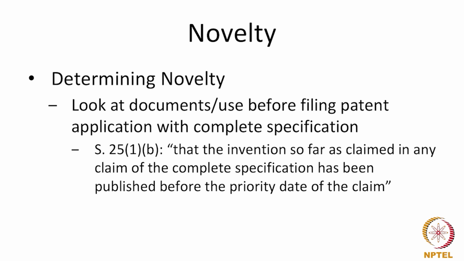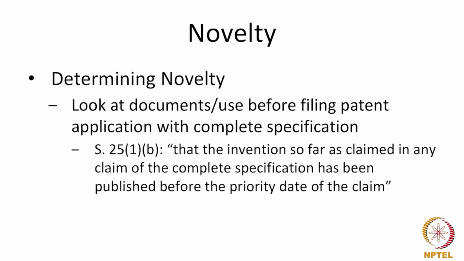An instance would be, if you would take section 25(1), you will find that section 25(1)(b) and (c) pertain to grounds challenging the novelty of an invention. (b) states that an invention so far as claimed in any claim has been published before the priority date, and (c) says the invention so far as claimed in any claim is claimed in a claim of a complete specification published on or after the priority date.